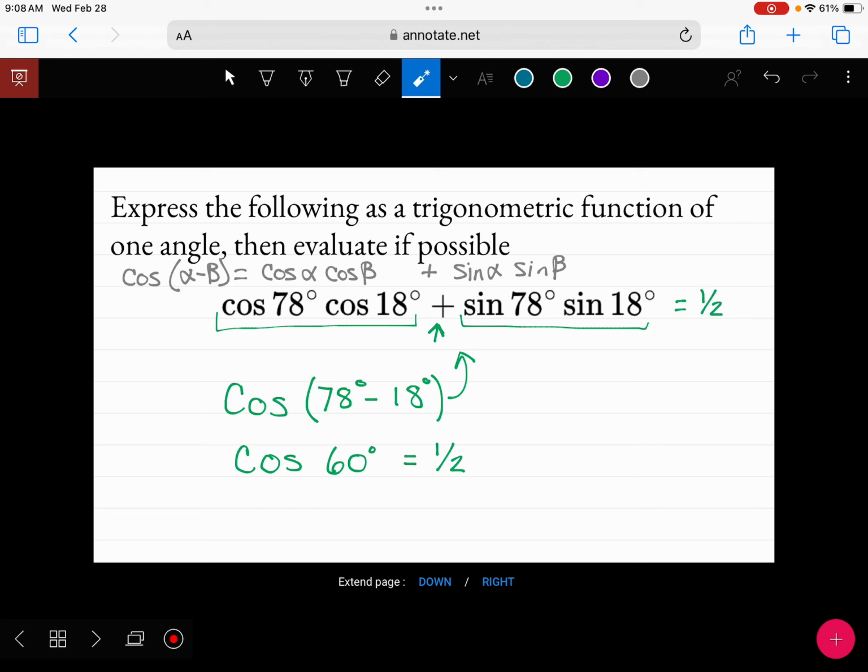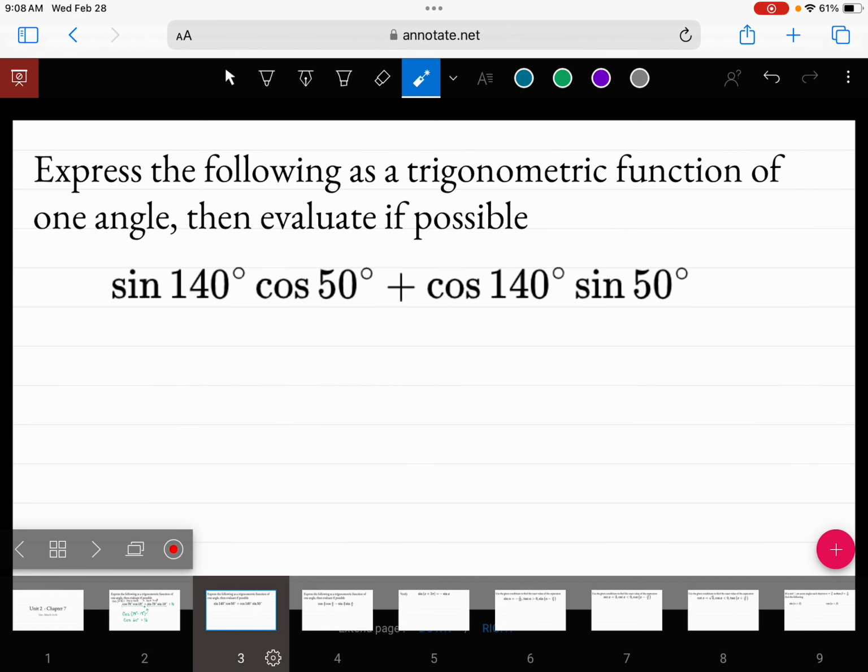Okay, we're going to do another one like this, just to practice it because it's a little weird. So we have sine of 140 cosine 50, cosine 140 sine 50.